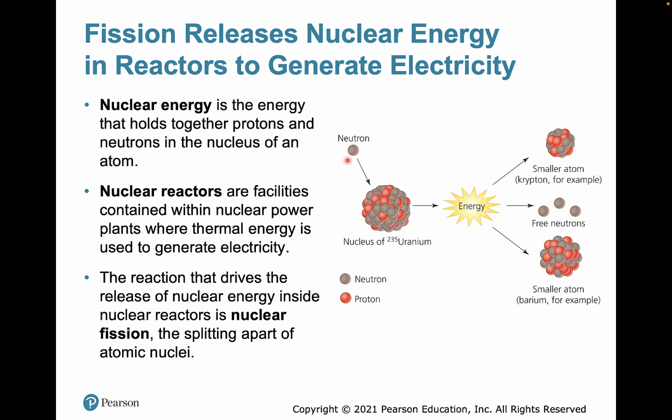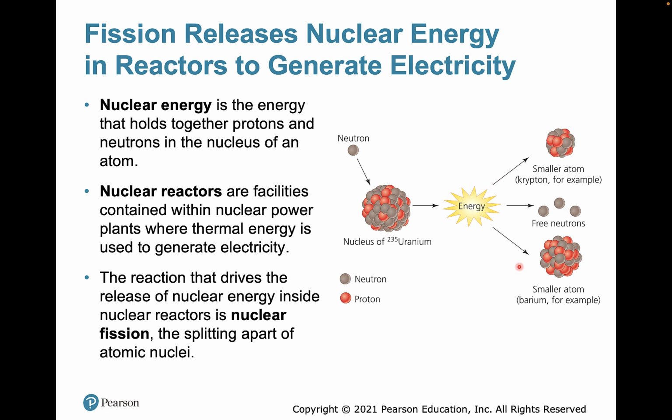There are neutrons that are released and bombard these nuclei of uranium-235. When that neutron hits this nucleus of uranium, it breaks it apart. When that break happens, when the bigger nucleus breaks into smaller nuclei, energy is released.